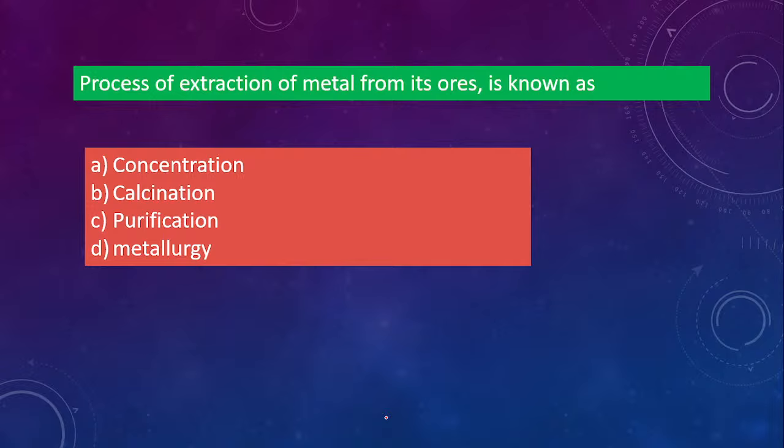Okay, D, B. Let's see the answer. It is option D, metallurgy. Metallurgy is extraction of metal from ore. If we have to extract metal from ore, that process is called metallurgy.